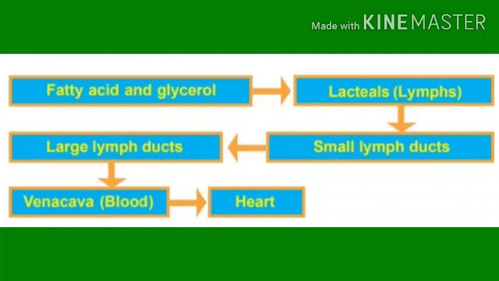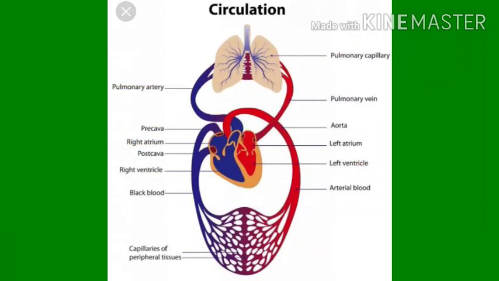Small lymph ducts join together to form large lymph ducts, and they open into the vena cava, and the vena cava carries the fatty acid and glycerol to the heart. From there, they are carried through the blood to different parts of our body.